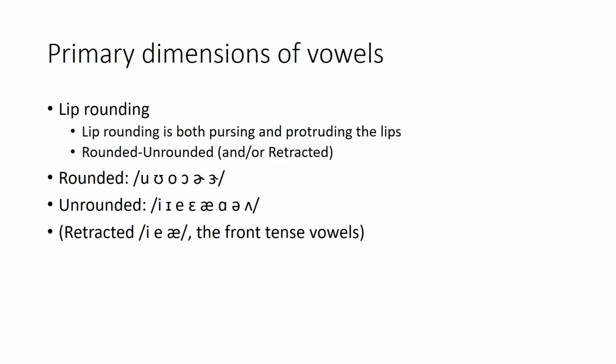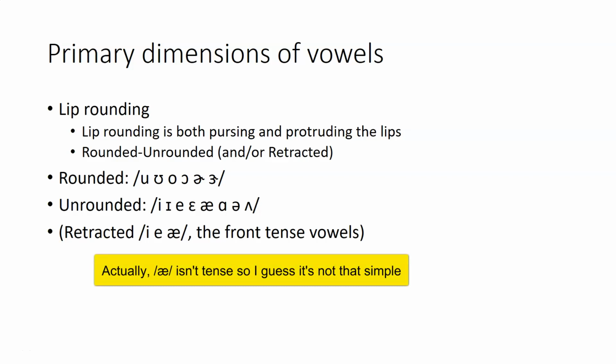In some languages, there's a distinction between that and retracted or spread, where the lips are more distinctly put in a sort of a flat, wide, retracted state. Our rounded vowels are our higher back vowels, such as oo and o, aw, and our unrounded vowels are the rest. The front tense vowels tend to be retracted.